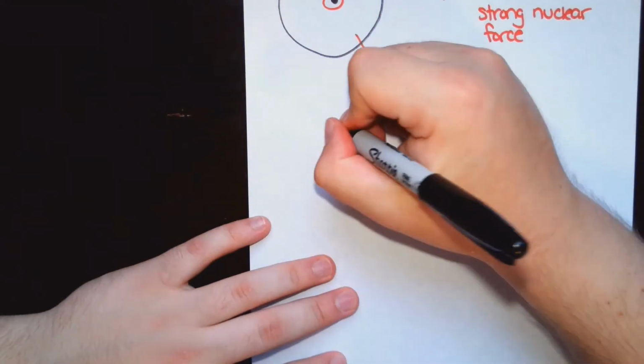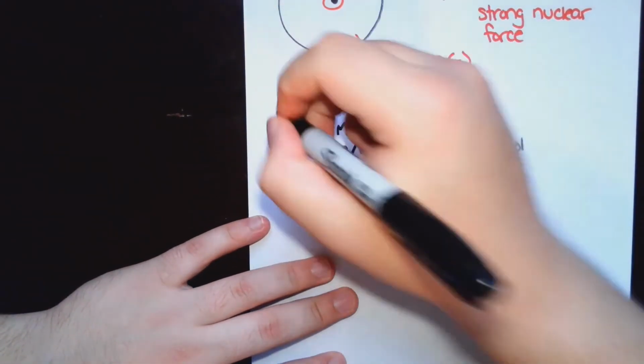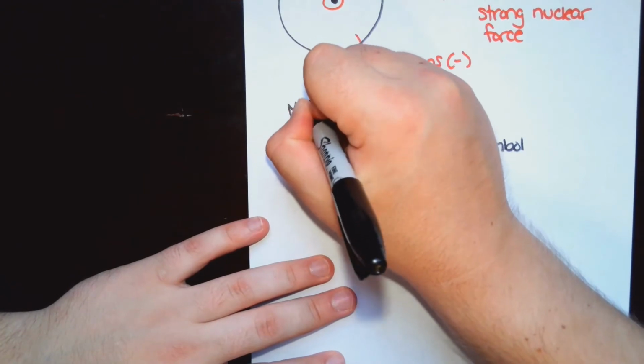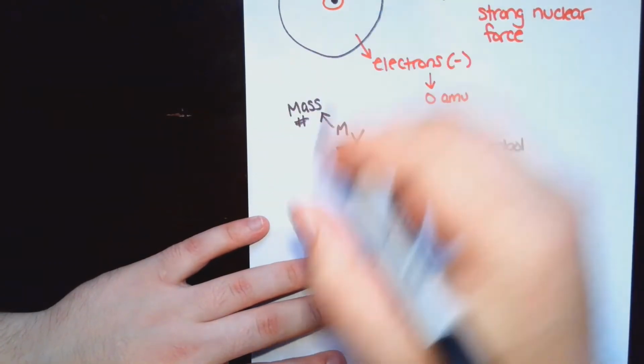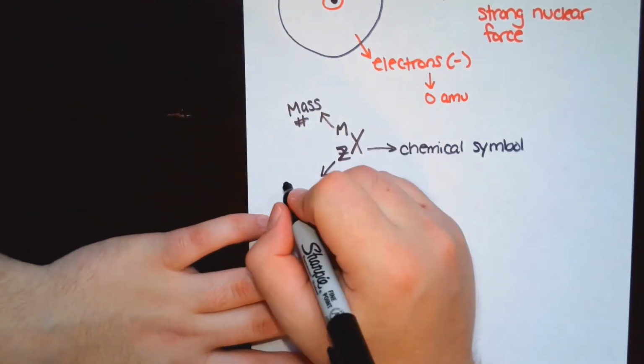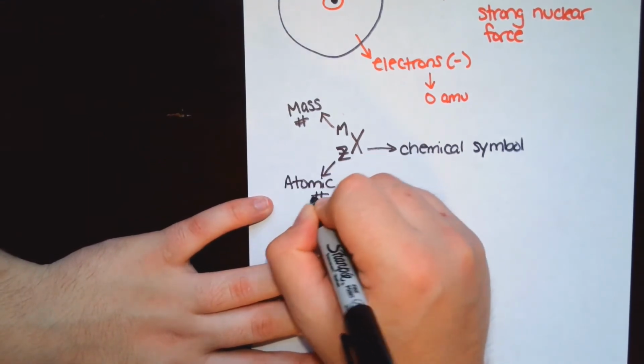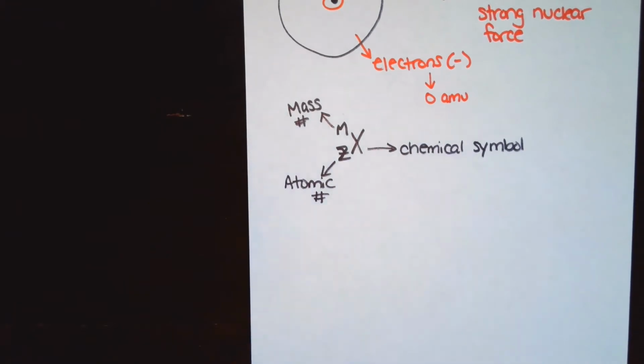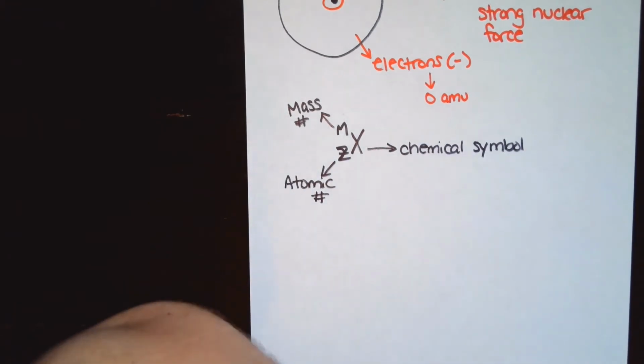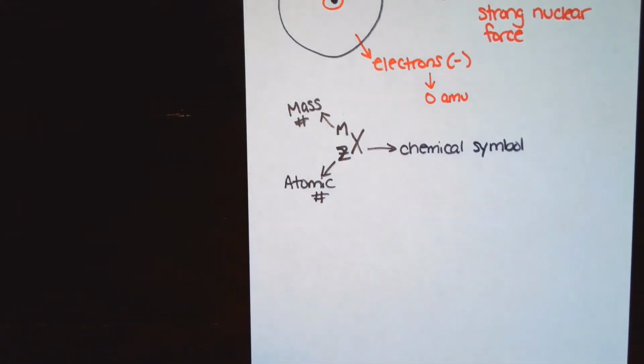So this is your mass number, and Z is your atomic number. What are these? Now, the atomic number, that's the number that your element is on the periodic table.